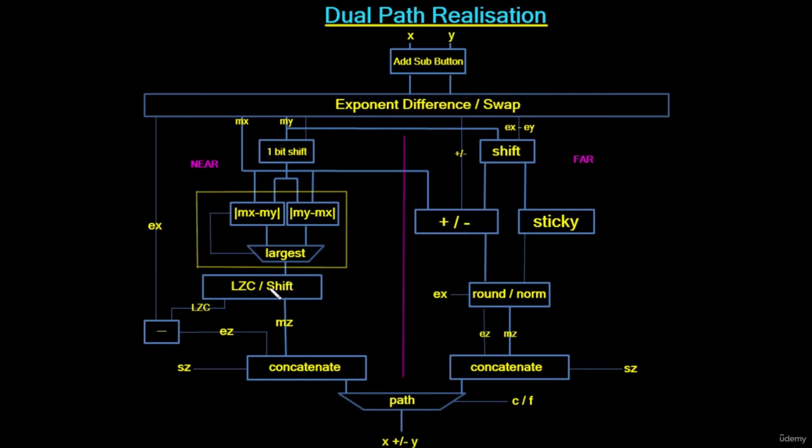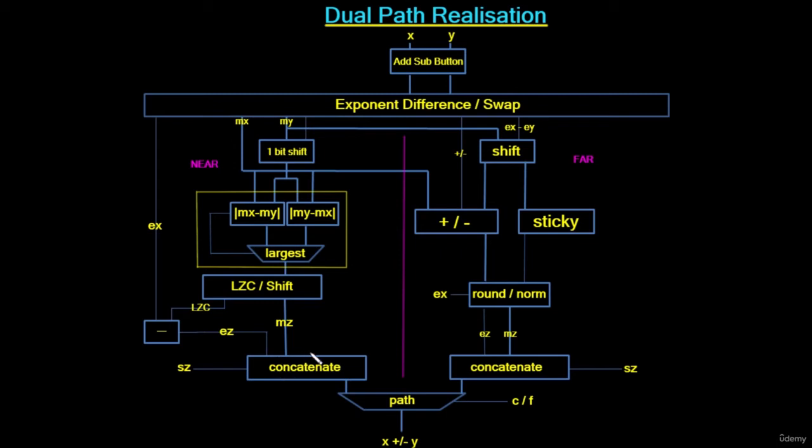We then do the leading 0 count and the shift. Now the leading 0 count value will also be passed on to the exponent, so the exponent will decrease by this leading 0 count, and it will give us the final exponent value here. And after this leading 0 count and shift, the mantissa will then be passed out.